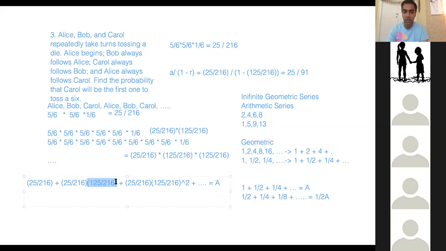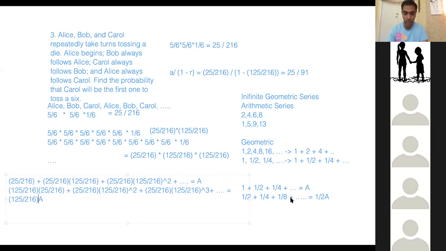What we generally want to do is multiply by the ratio. From the first term to the second term, what are we multiplying it by? 125 over 216. From the second term to the third term, we're again multiplying by 125 over 216. So if we multiply the whole thing by 125 over 216, the first term becomes 125 over 216 times this, then this becomes this squared, this cubed, and so on. Now, how do the terms match up?